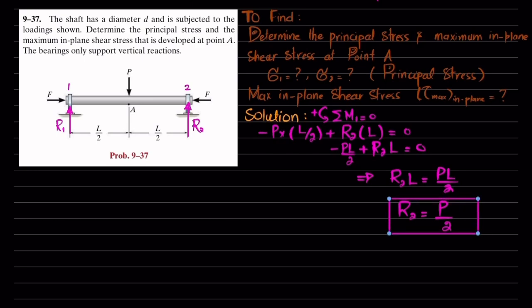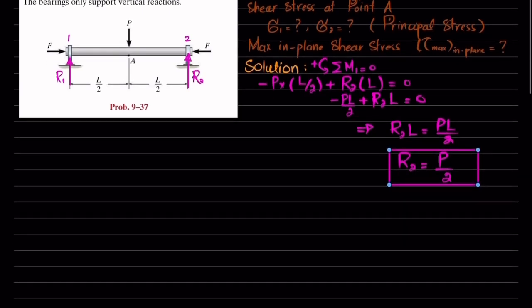Now we will find R1 by using another equation of equilibrium: the sum of all forces along the y direction must be equal to 0, and upward force is taken as positive. So R1 is upward, R2 is upward, and P is downward. So R1 plus R2 minus P is equal to 0.